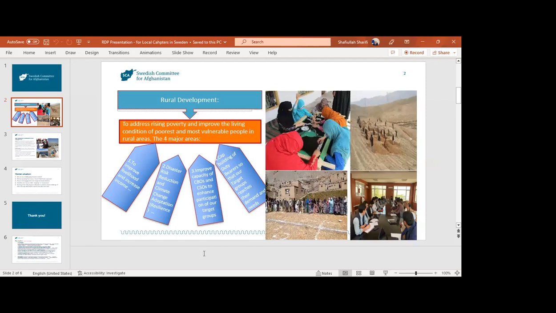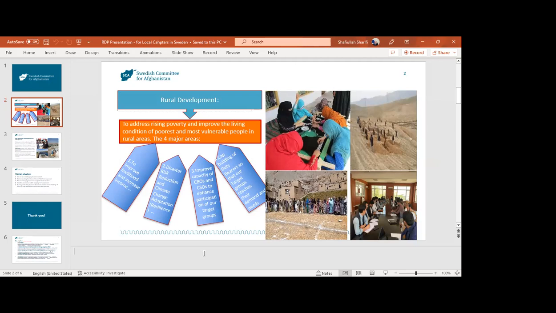This is the aim that rural development, as one of the four major programs of SCA, is working toward. We are working in four major areas to reach this aim.